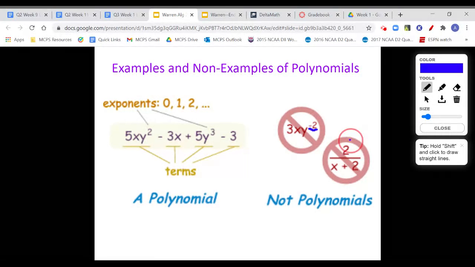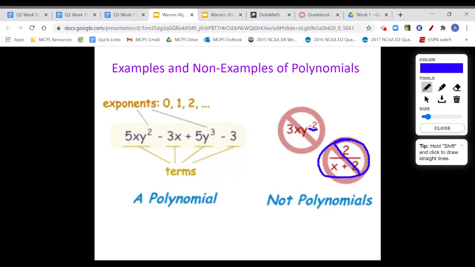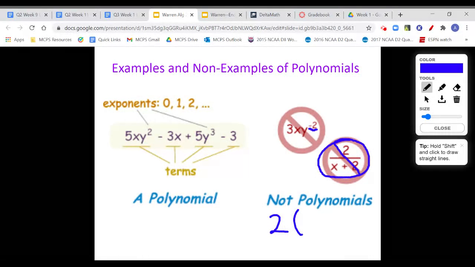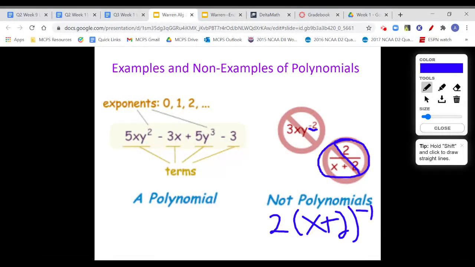Now, this example here also does not count as a polynomial. The reason is because x is in the denominator of a fraction, and we didn't really talk about that on the last slide, but your variable cannot be in the denominator of a fraction in order to have a polynomial. The reason this doesn't count is because essentially what that function represents is 2 times x plus 2 to the negative 1.